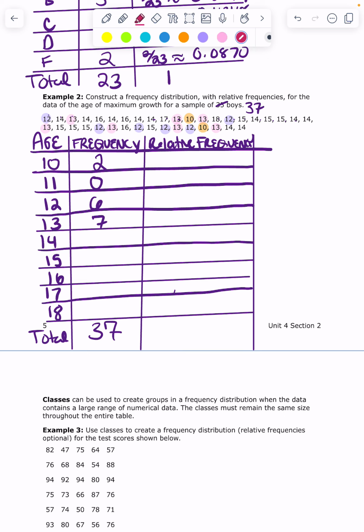Doing 14 now. There's 1, 2, 3, 4, 5, 6, 7, 8, 9, 10. I got 10 14s. 15. 1, 2, 3, 4, 5, 6, 7.